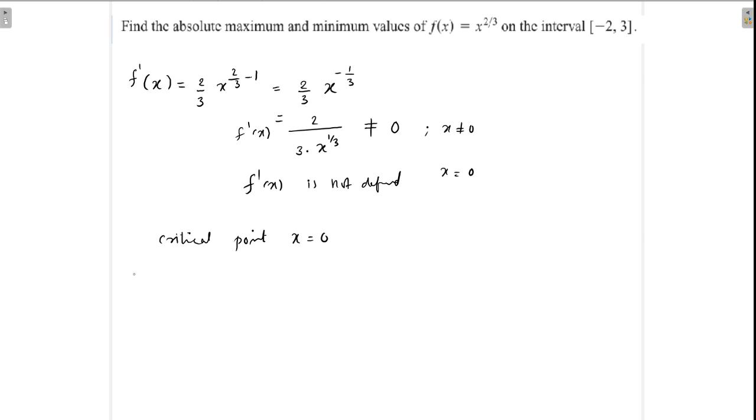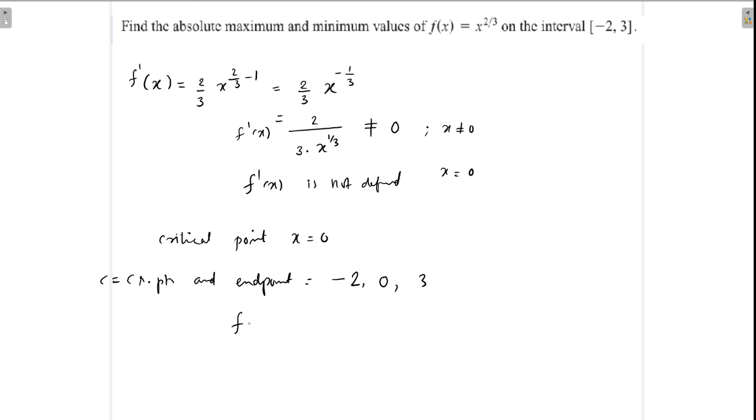So now we have critical points and endpoints. Those are minus 2, 0 and 3. If c represents a critical point or endpoint, then c must be minus 2, 0 or 3.